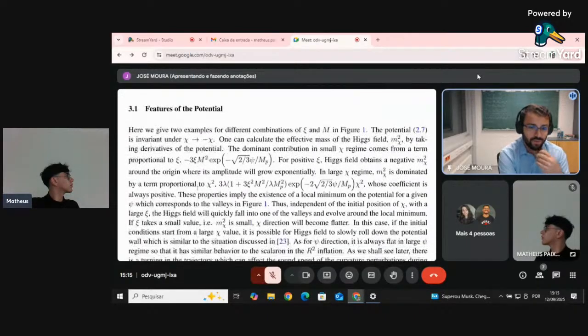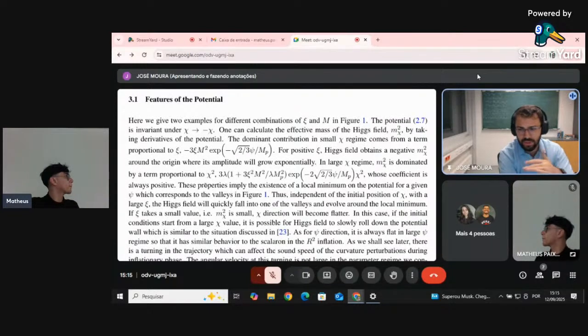There are some features. The first one is that this potential is invariant under a parity transformation on the field. You can also calculate the mass of the Higgs, they call it the Higgs, but it's the chi field here, by taking the second derivative with respect to chi. You find two different regimes.